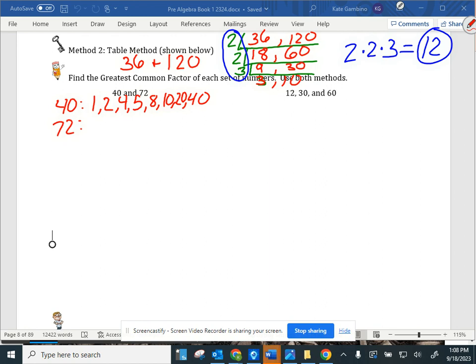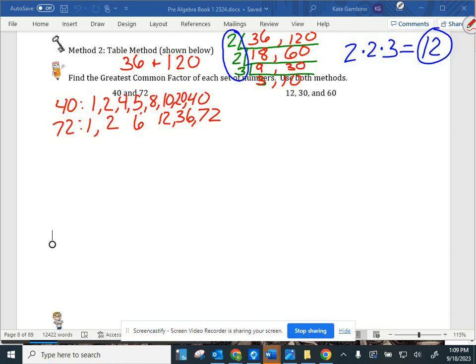Okay. Now my factors of 72. Grace? 1 and 72. Claire? 2 and 36. Christian? 12 and 6. 6 and 12.